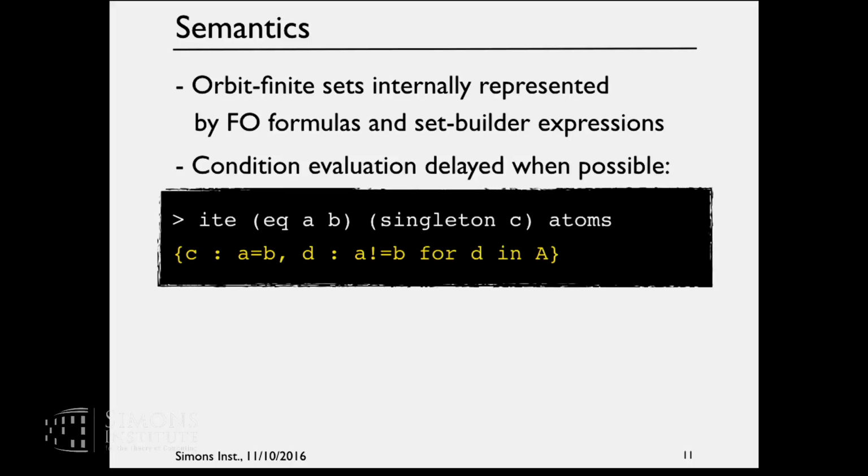As you can see, I did not actually evaluate the condition. I just pushed it back into the value. This is necessary, and for this reason, we had to replace the conditional of Haskell with this, or add another conditional to work with these internal representations.